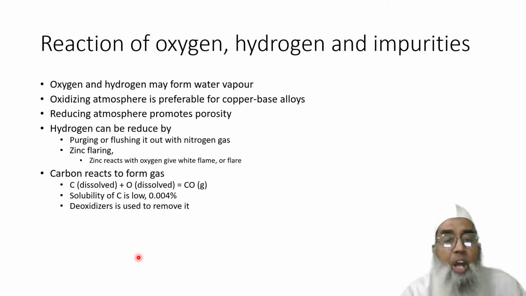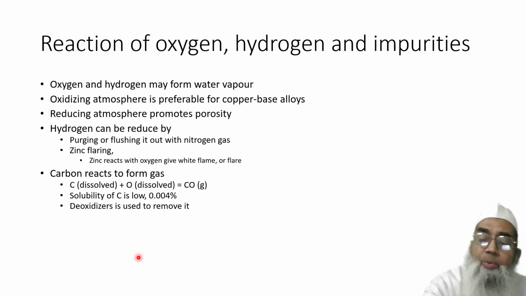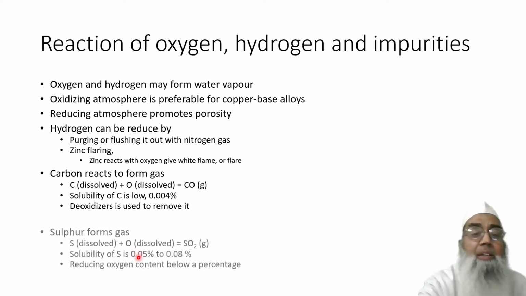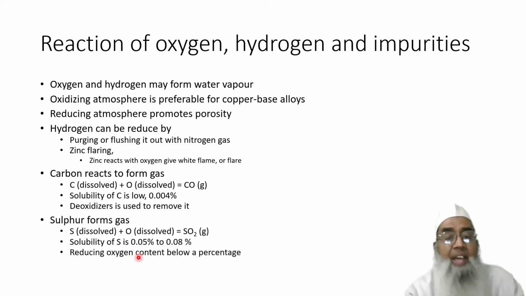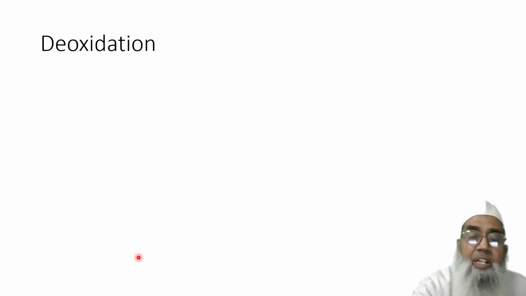The solubility of carbon is low, and therefore it can be used as a deoxidizer to remove the oxygen in it. Sulfur forms gas and can also be used, but the solubility of sulfur is 0.05 to 0.08, reducing carbon content below a particular percentage.